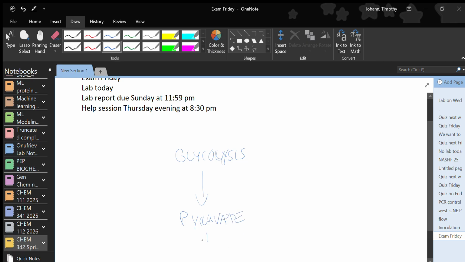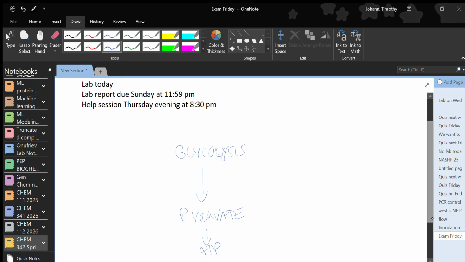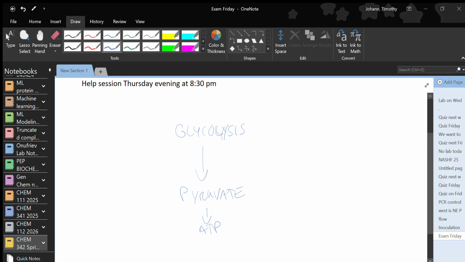I'm not going to do the whole thing, I'm just going to say ATP. This would not get you much credit as the overall reaction. But when we run glycolysis, we're going to make more ATP. I should do this as glucose, right? And glycolysis here. And then we could talk about gluconeogenesis coming this way.